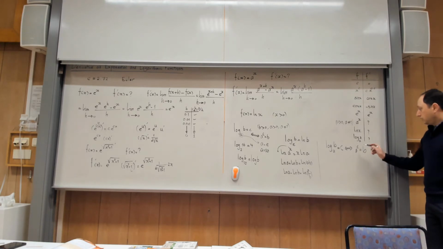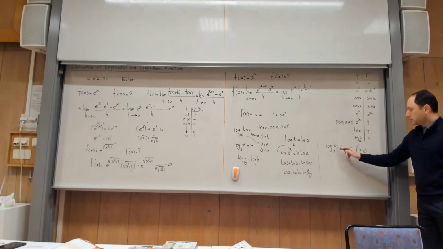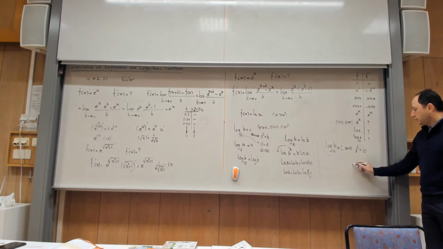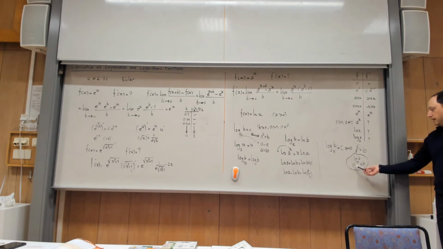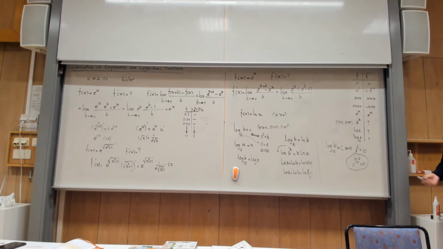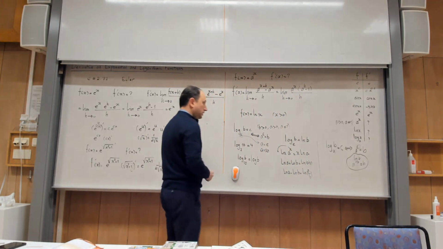Now take c away and put its equal number. Then it becomes a to power log of b in base a is b. So that's actually the definition of the logarithm. If you raise a to a log of a number whose base is exactly this number, then this becomes b itself, of course, if b is positive and a is positive and not equal to 1.